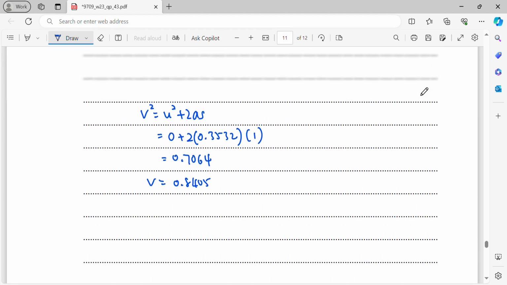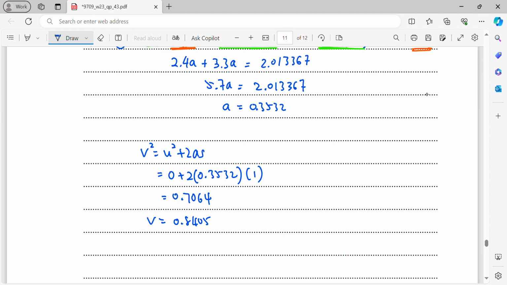So I will say here V is the speed when B hits the ground.